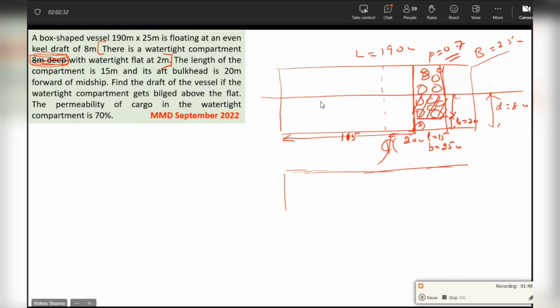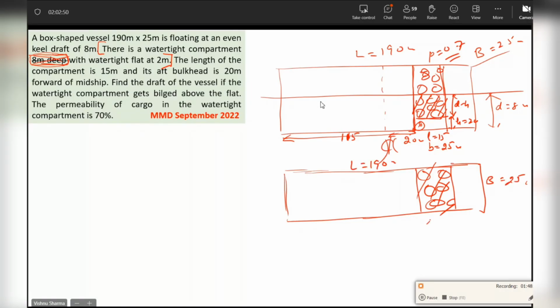This is D minus H. I think I'll pick up my calculator rather than waiting, and you can keep telling me and correct me if I'm making any mistake. That's also possible.